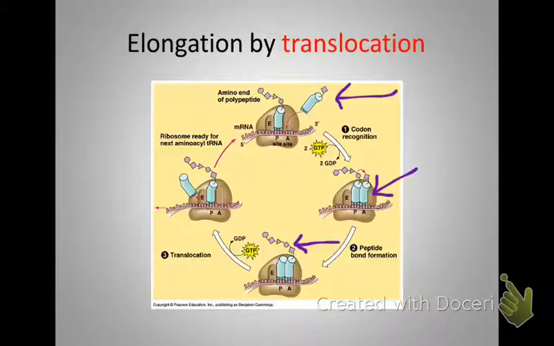So it is going to transfer that whole chain over here, and then this one, notice, doesn't have a chain anymore. All right, and it's going to be shoved over to the exit site, and it's going to fall off because we don't need it anymore. We just needed it to bring in the amino acid that it was supposed to bring. And it just creates then a chain. You've got this long chain of amino acids, which is what a protein is.